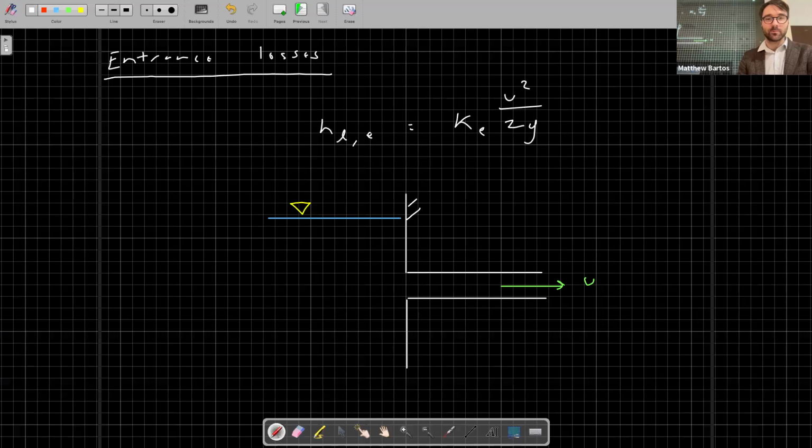This is a wall right here. And your KE coefficient, I'm not going to write out all the different cases here, but KE depends on the shape of the transition.